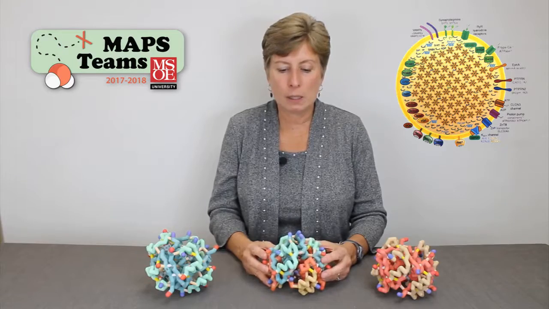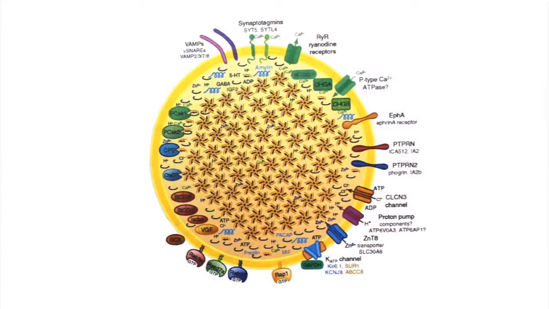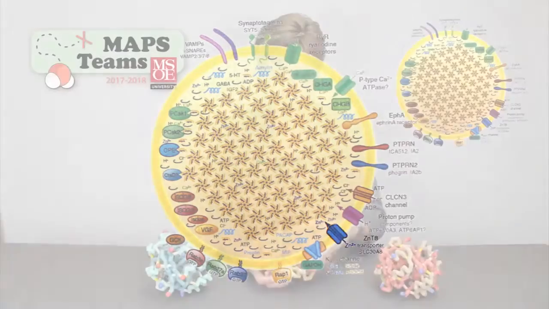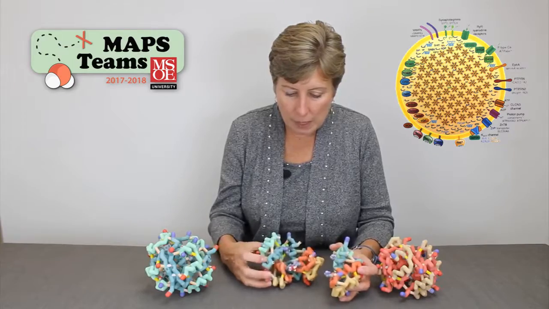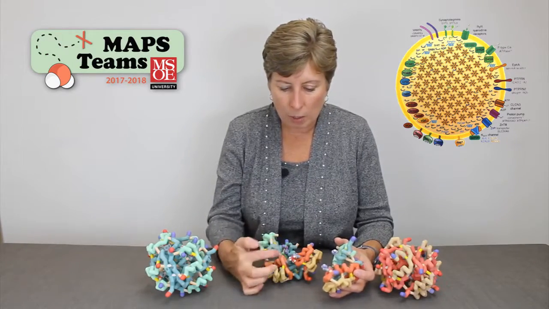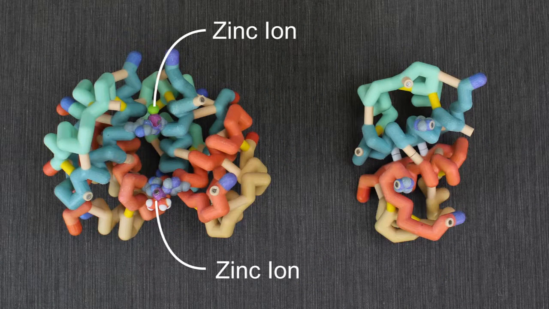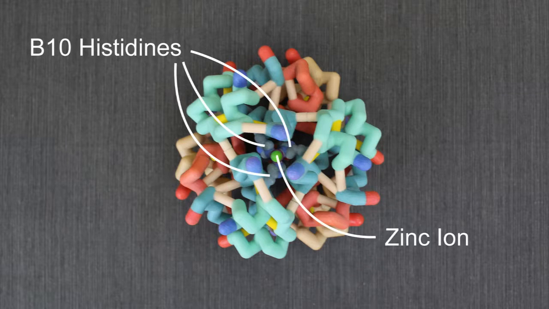Under acidic conditions, the hexamers want to crystallize. The other thing that's there is a zinc transporter, so zinc is being pumped in as well. These hexamers, which I didn't really talk about before, are held together by two zincs that are each bound by the B10 histidine of each insulin molecule.